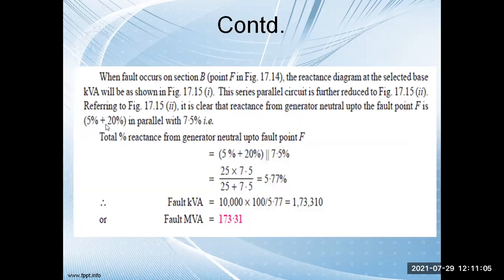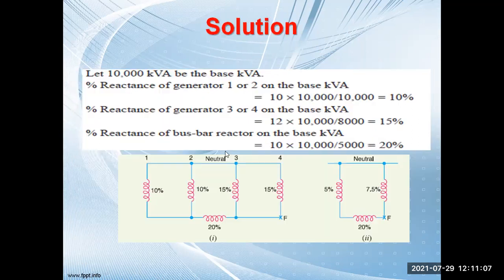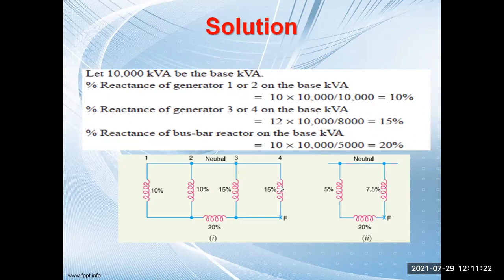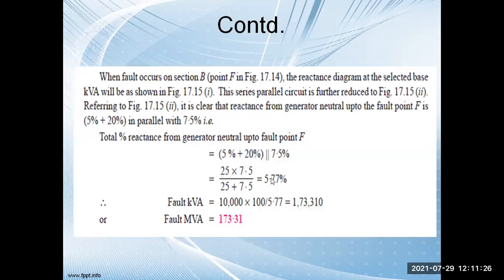So the reactance value is 5.77%. The fault kVA is the base kVA, 10,000 kVA, into 100 by the percentage reactance. If you convert it into MVA, this will be 173.31.